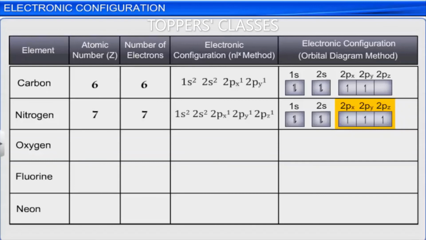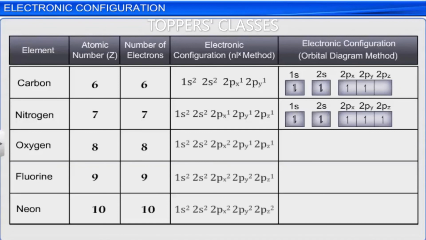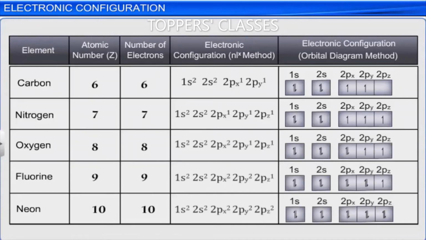Oxygen has 8 electrons. Fluorine has 9 and neon has 10 electrons. In each of these elements, after filling the first 4 electrons in 1s and 2s orbitals, the remaining electrons enter into the next higher orbital, 2p, according to Aufbau principle.